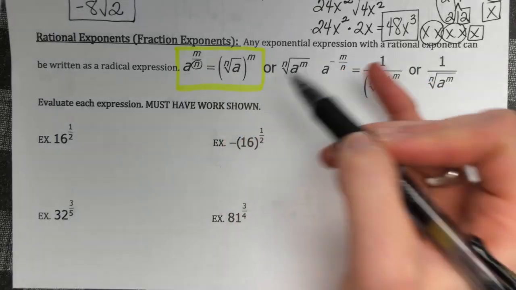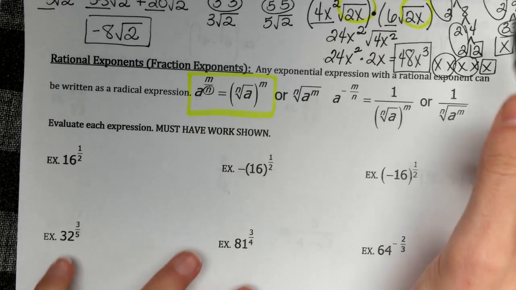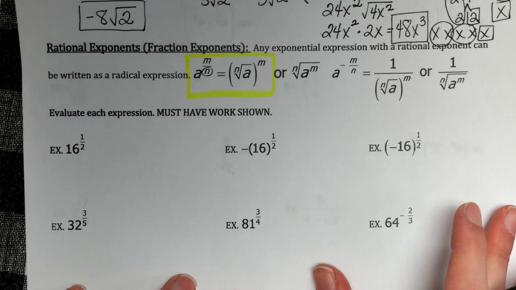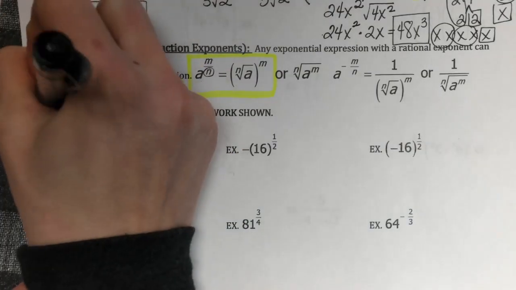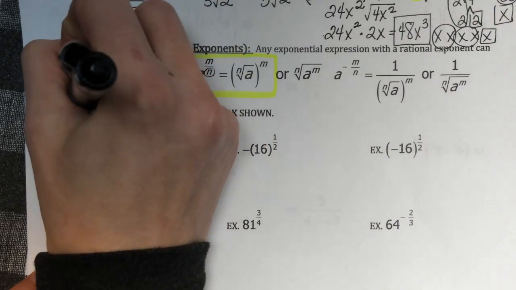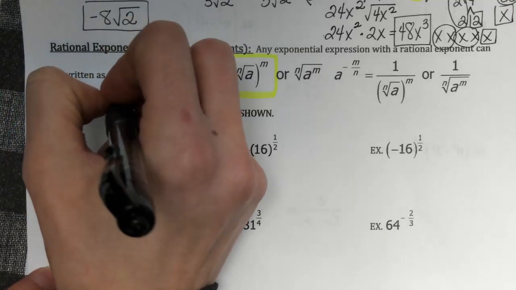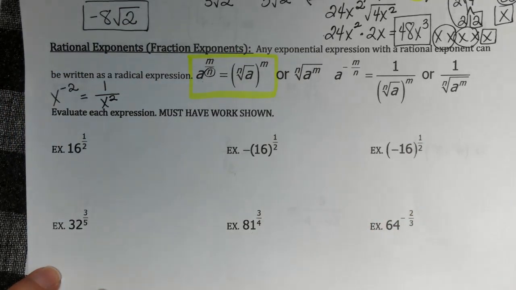Okay? Now, remember that if you have a negative exponent, if I have x to the negative 2, what does that negative exponent tell me? If I just gave you this, y'all remember that? X to the negative 2. We did a little bit of exponents in chapter 5. That negative exponent tells me it's in the wrong spot, so it would become 1 over x squared.